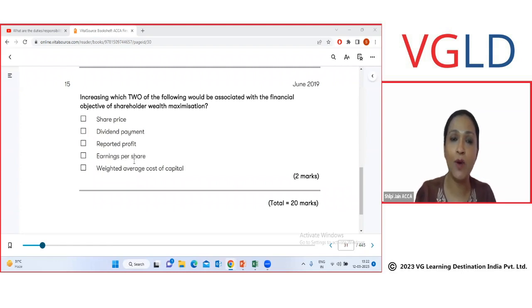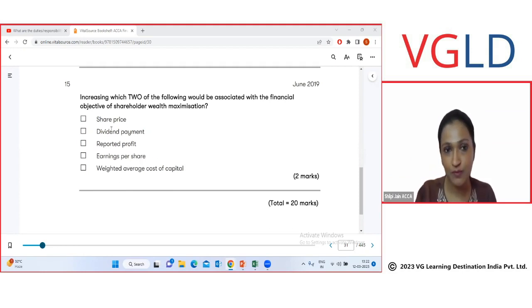That will only happen once you're actually looking at your payouts over the years. So for two directly associated reasons, I would choose share price and dividend payment for sure. Is that okay, guys? Little tricky there, but you have to look at what are the two factors that are going to directly increase the shareholders' wealth, right?